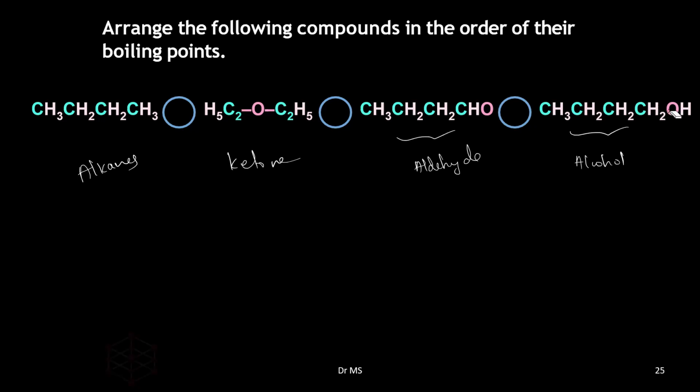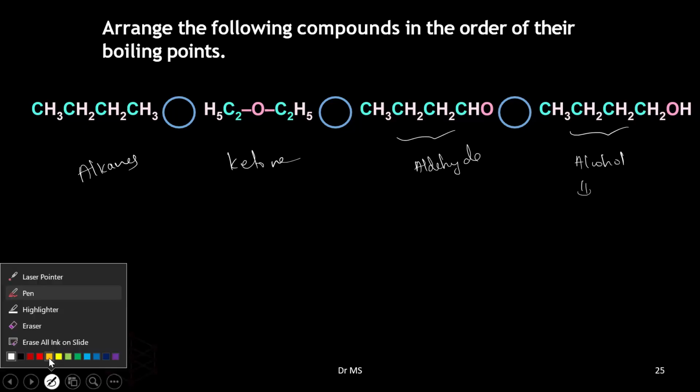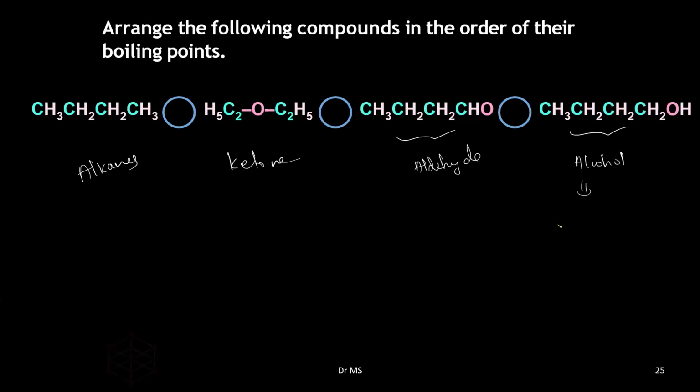Do you know that intermolecular hydrogen bonding happens in alcohols? One alcohol will attach to another alcohol with the help of hydrogen bonds. Because of this intermolecular hydrogen bonding, the boiling point is maximum here.